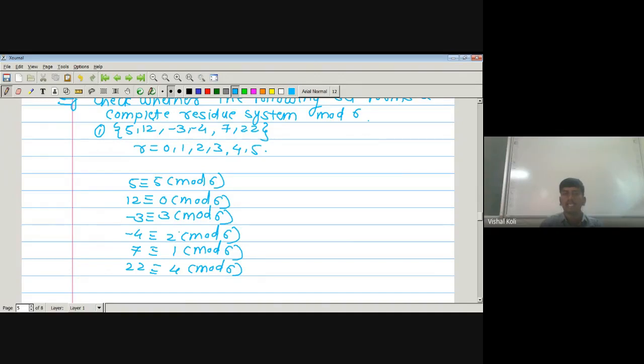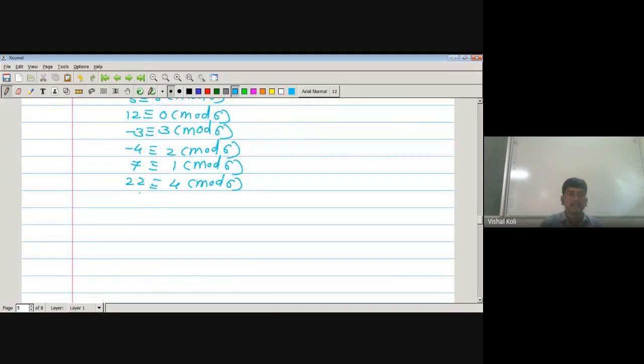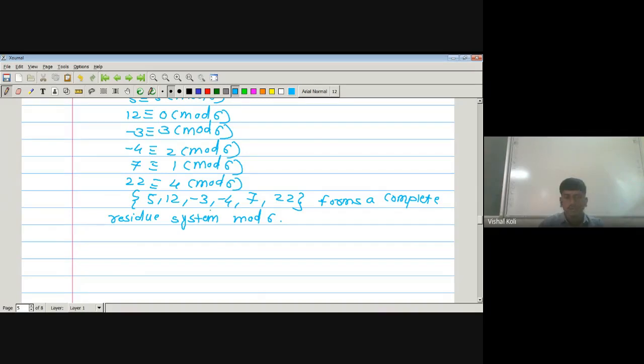Therefore, as here k is equal to n, the set 5, 12, minus 3, minus 4, 7 and 22 forms a complete residue system modulo 6. Now there is one more example.